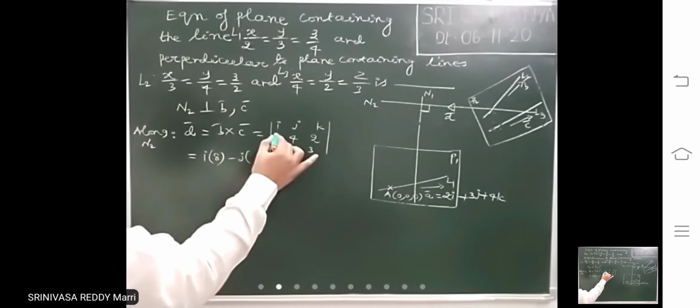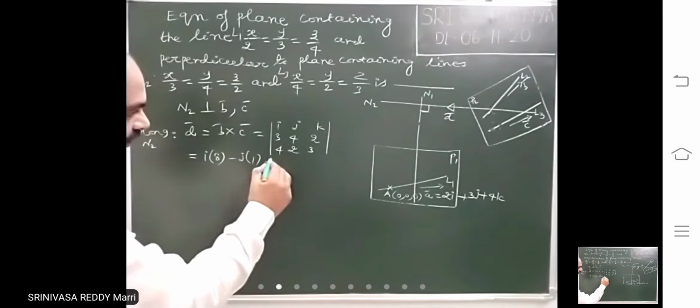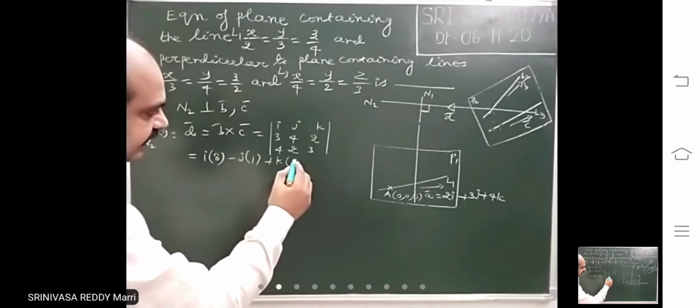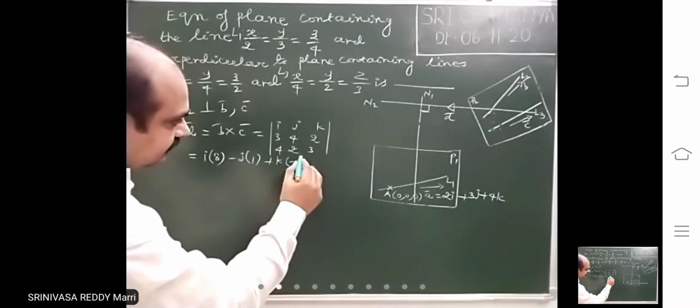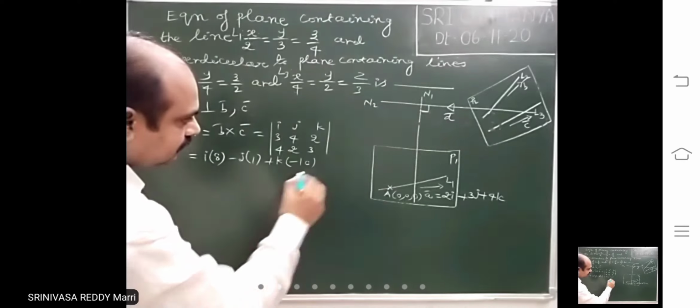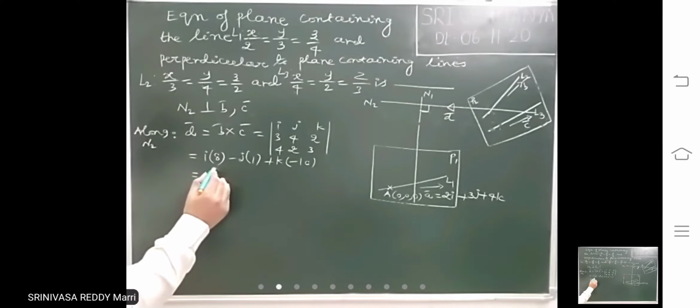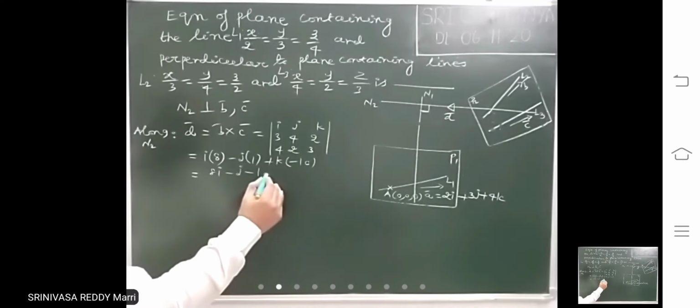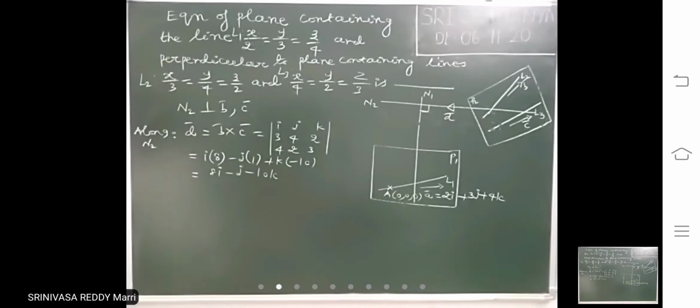Minus j into 9 minus 8, which is 1. Plus k into 6 minus 16, which is minus 10. Therefore vector d bar will be 8i minus j minus 10k. So this is d bar.